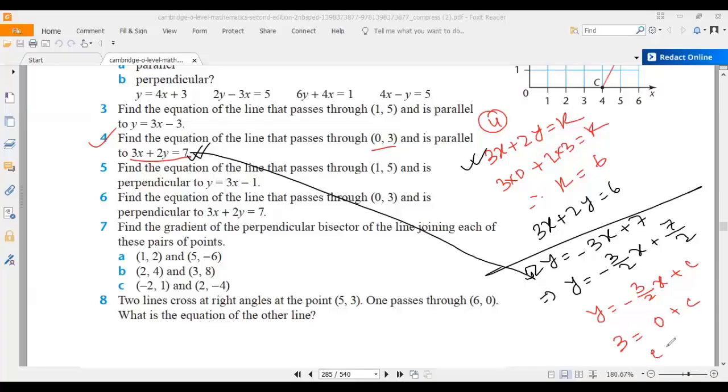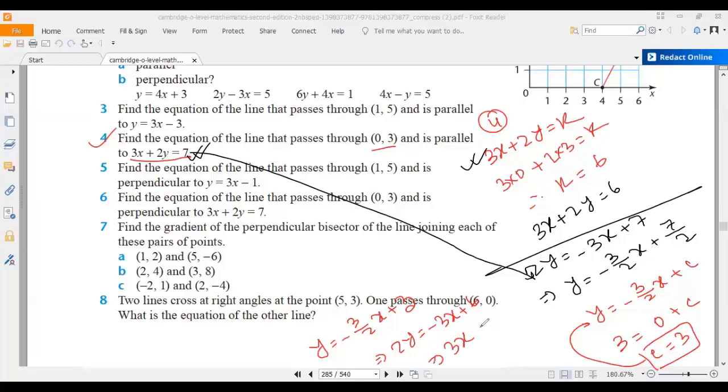So the value of c should be 3. Now we put this in the main equation, then we get y equal to minus 3 by 2 x plus 3. Now if I multiply the whole equation by 2, we get 2y equal to minus 3x plus 6. Or if I write it in a proper way, we can write 3x plus 2y equal to 6.